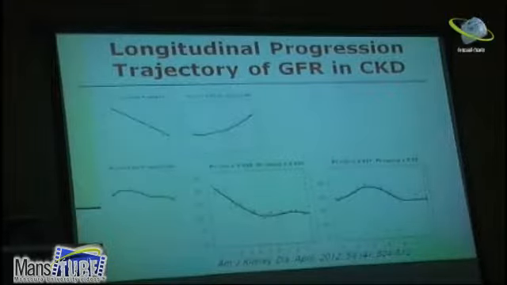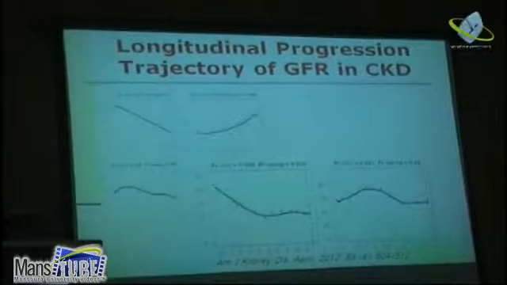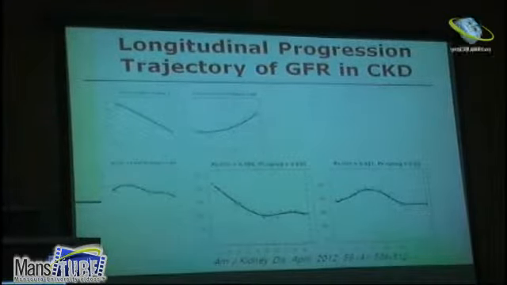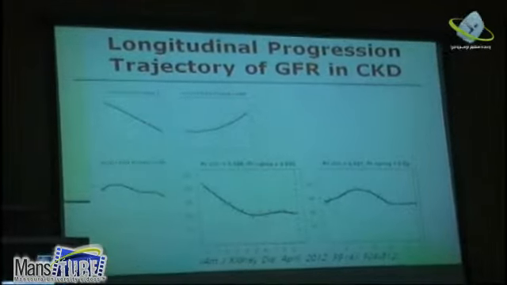So one of the important messages in managing our patients with chronic kidney disease is to look at their follow-up data. As I remember, there is another study in Kidney International saying that when you want to decide the optimal time for fistula creation, you should look at the estimated GFR, the age of the patient, and the progression line of the patient.